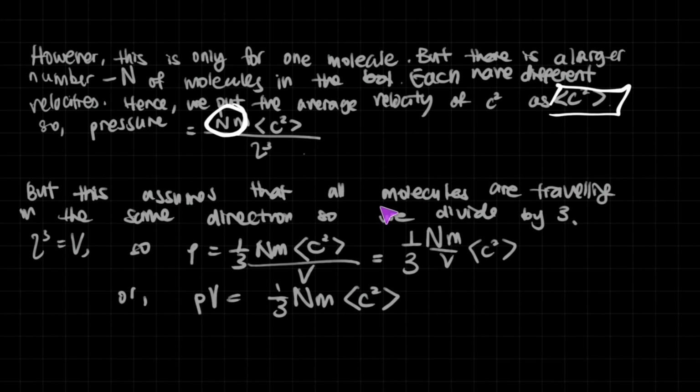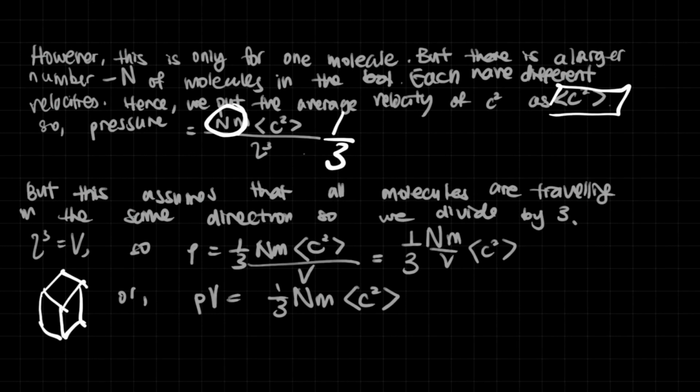But this assumes that all molecules are traveling in the same direction. So we divide it by 3 because they're traveling in 3 different dimensions. L cubed is actually the volume of a cube. L cubed would give us the volume of this. So we're going to divide this by 3 because pressure is actually in all 3 dimensions.